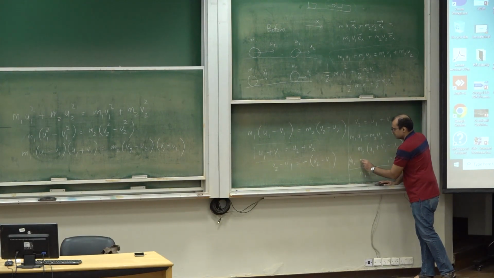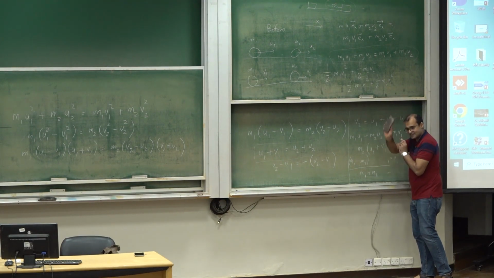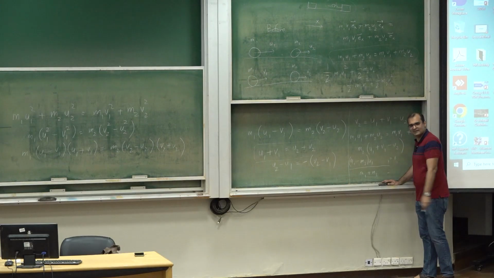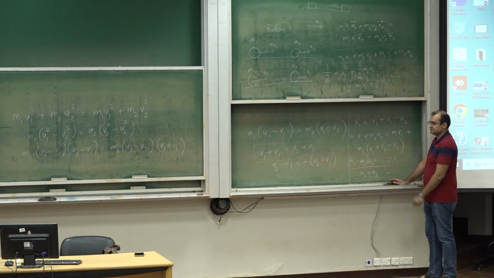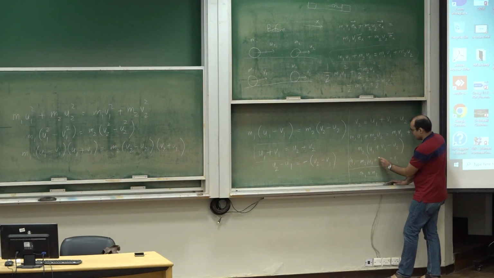What is this thing telling you physically? The relative velocity before the collision of the two objects equals in magnitude the relative velocity of the objects after the collision. The relative velocity of the objects after the collision is just opposite in direction. That's what this minus sign is telling you.